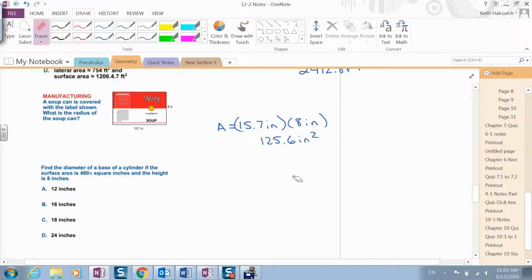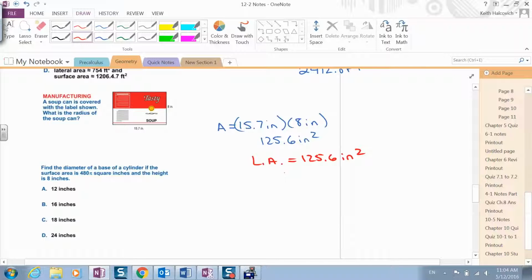Sorry, this is going to be the lateral area because it's the going around, it's the face. So the lateral area is 125.6 square inches.